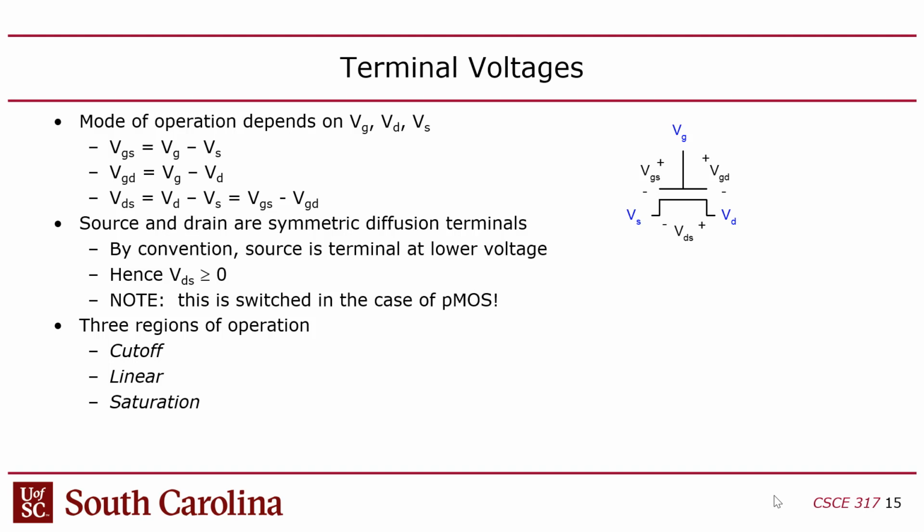And it's the opposite for the PMOS. I always have trouble remembering that for some reason. Yeah, the source is the terminal at the lower voltage. So I'm sorry, it's drain to source then. Sorry, drain to source. That's for the N type. For the P type, it's the reverse.